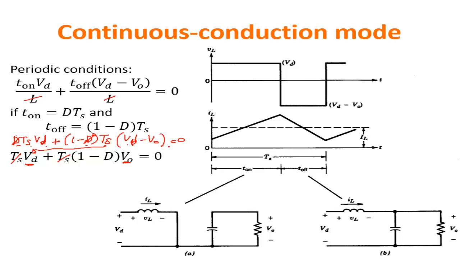Sorry, there's a sign which is wrong. This is a minus, because this was a minus, this goes here. So VO is equal to VD over 1 minus D.